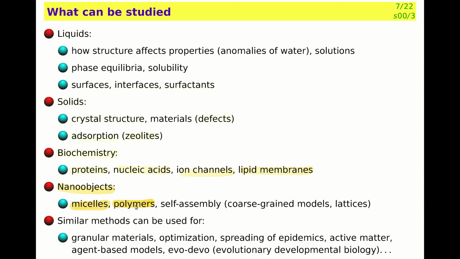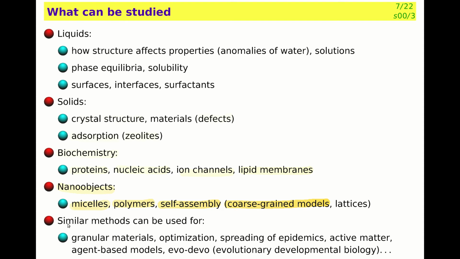Often we use lattices, lattice models, not atomistic models. I will speak briefly about this. We can study the so-called self-assembly, usually using coarse-grained models. That is how big molecules create or bind together to create higher level structures.